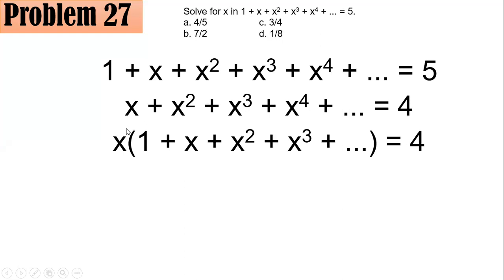The exponent of x here is 1. 2 minus 1, so it's understood to be 1 here. 3 minus 1, the exponent is 2. 4 minus 1, the exponent is 3. And so on, equals 4. But again, guys, remember, this expression 1 plus x plus x squared plus x cubed also means plus x to the 4th plus x to the 5th and so on.